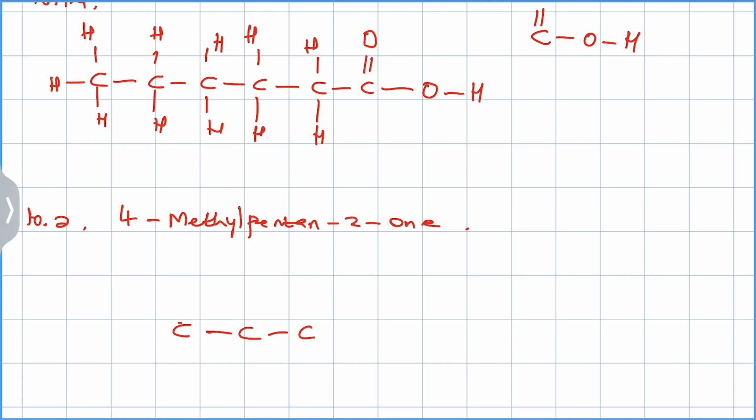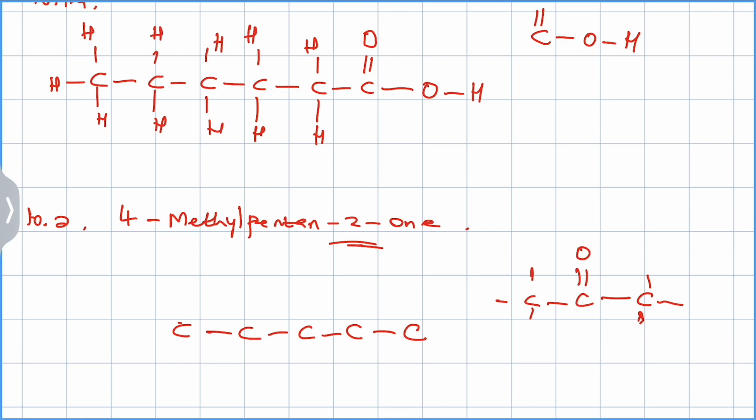1, 2, 3, 4, 5. And then carbon number 2, we're going to put the functional group of ketone, which will be C double bond O, and that C must be connected to 2 other carbons. Okay, so that's the functional group.